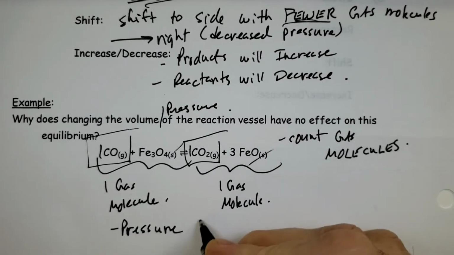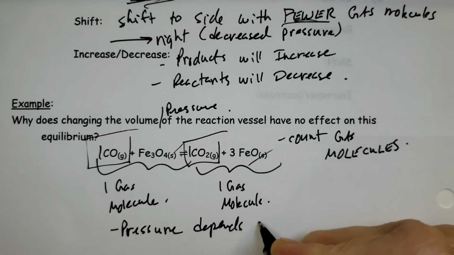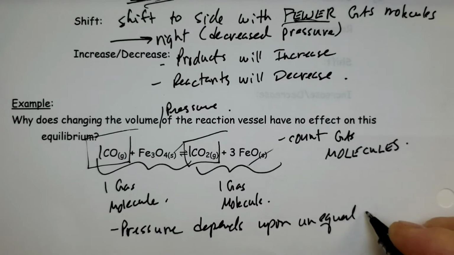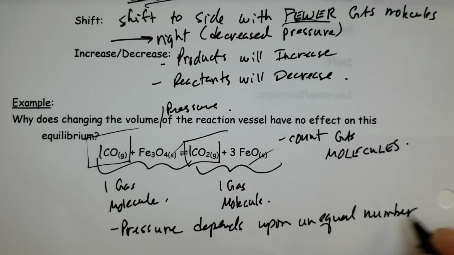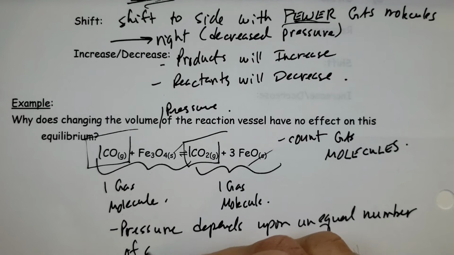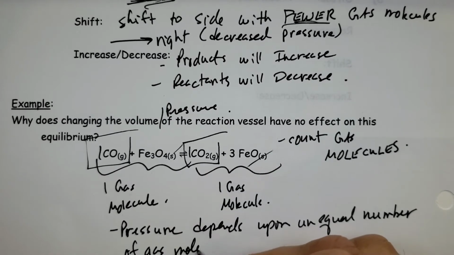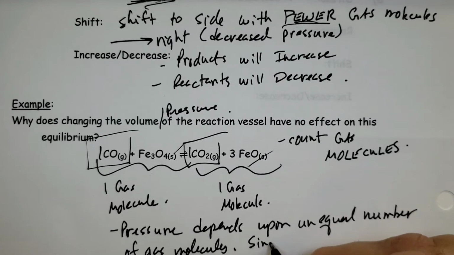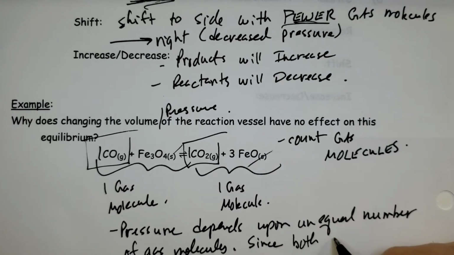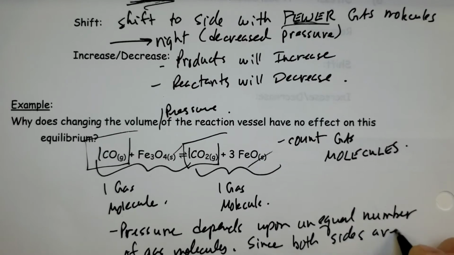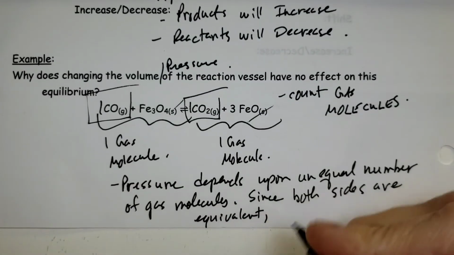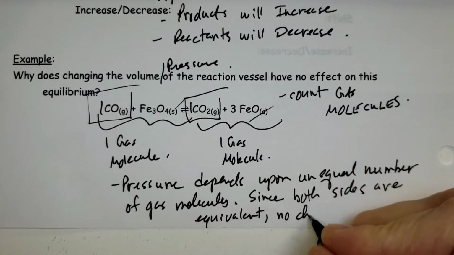Since the pressures are of equal amounts, not like the previous example, pressure depends upon an unequal number of gas molecules. Since both sides are equivalent, no change in pressure.